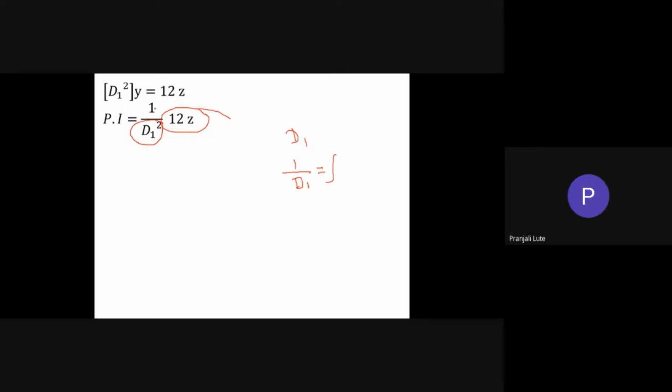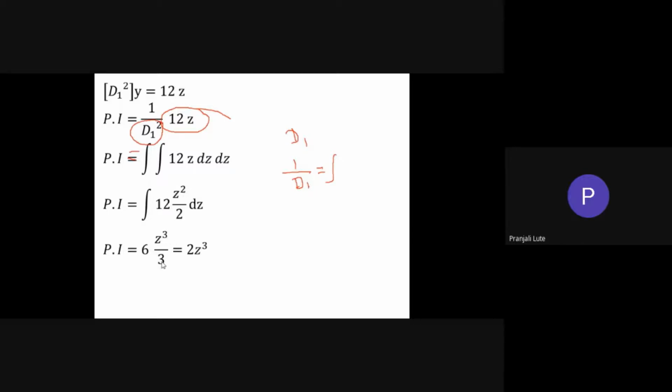So in the next step, this is equal to double integration of 12z dz. What is the integration of 12z? 12 is constant. Single integration of z is z square by 2, and integration of z square is z cube upon 3. So 2 sixes are 12, and this will be 2z cube, and this is the particular integral of your differential equation.